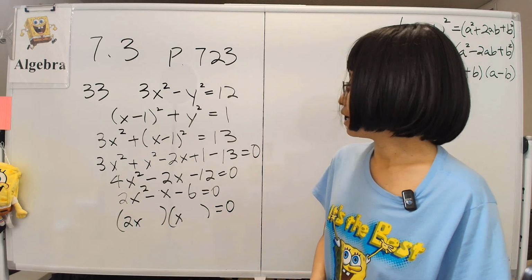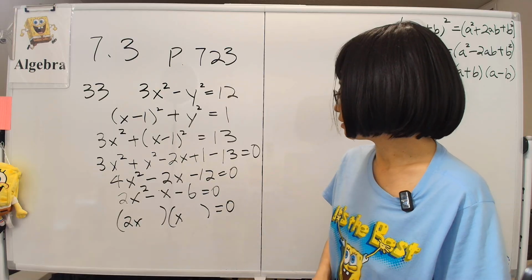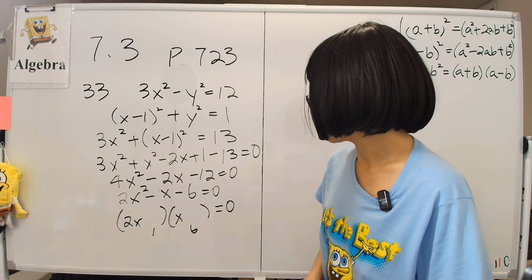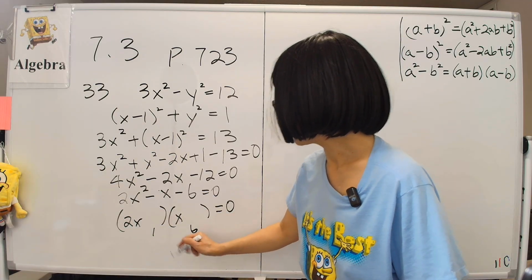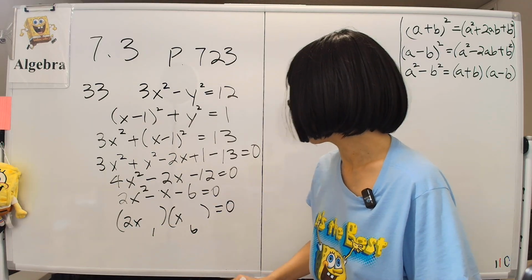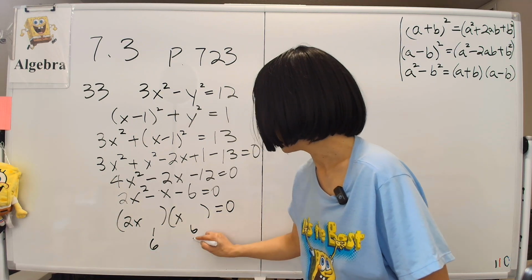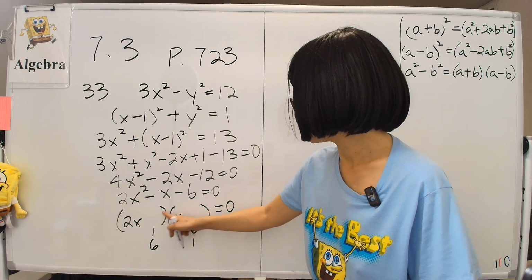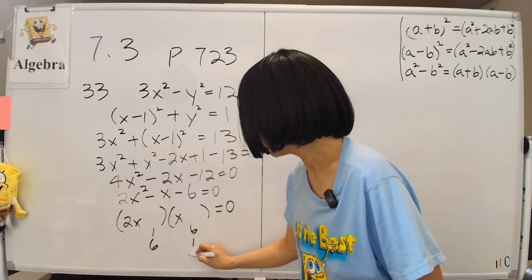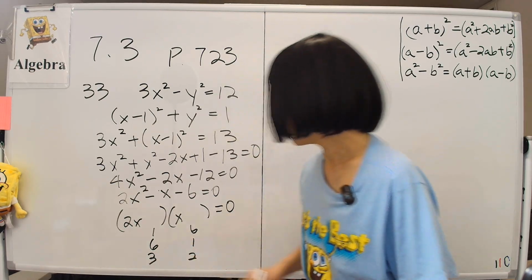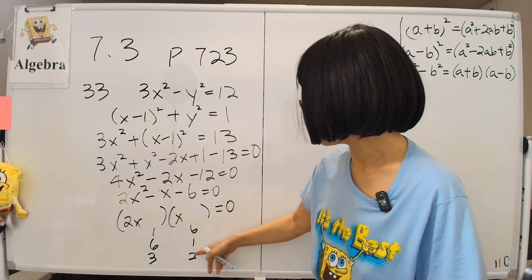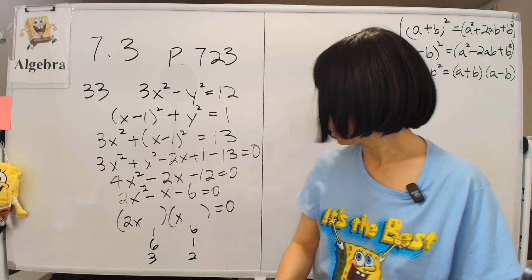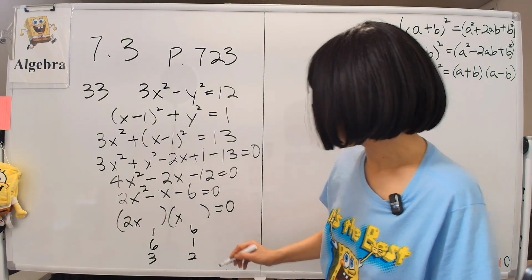If we try 1 times 6, that is not going to work. 2 times 6 is 12, that's too much, and we're not going to get minus 1 that way. What about 6 and 1? Then 2 times 1 is 2, and 6, that's still too much. How about 2 and 3? If we have 2 and 3, 2 times 2 is 4, and that will create 1 if there's a 3. That will work, so that is better.